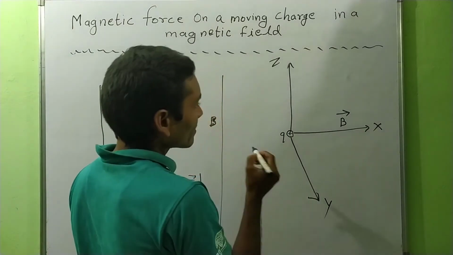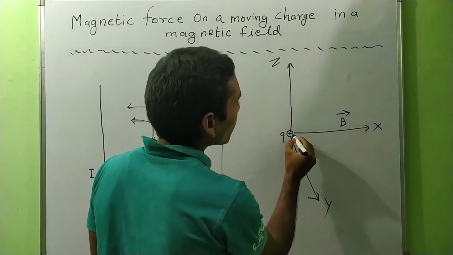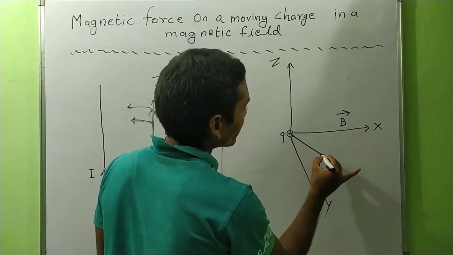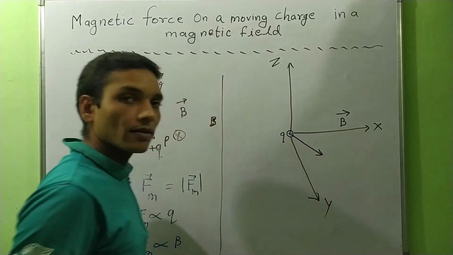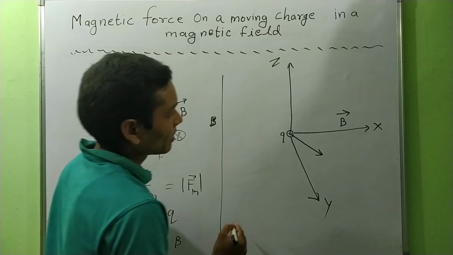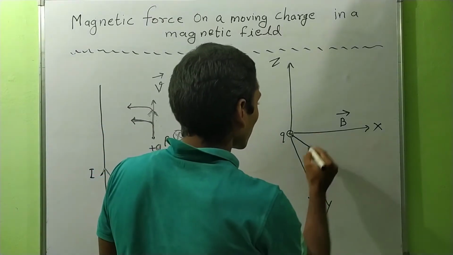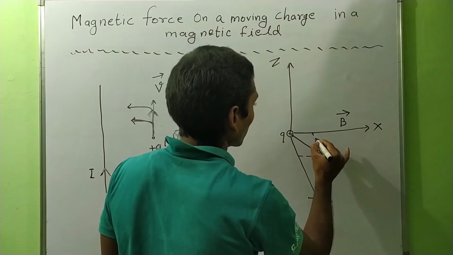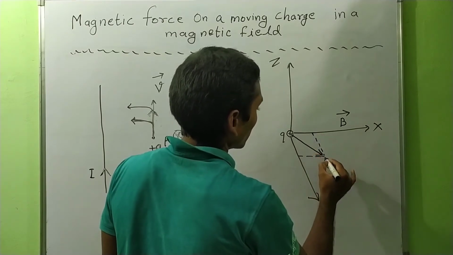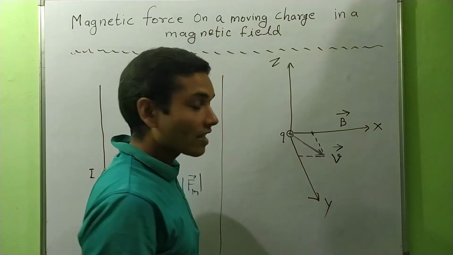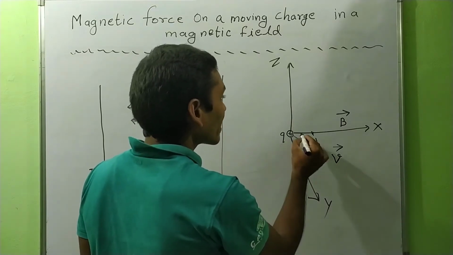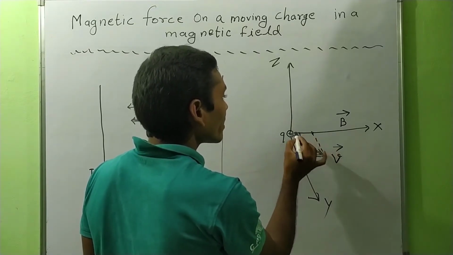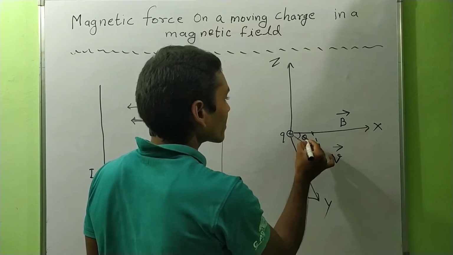Now in this case, if the direction of motion of the charged particle is along this direction, the velocity of the moving charge particle makes an angle with the x-axis, let this be theta.